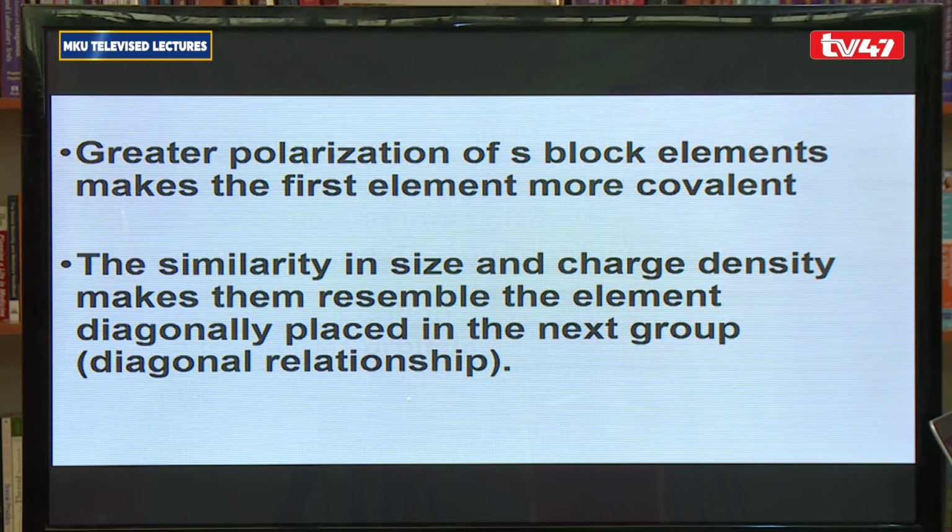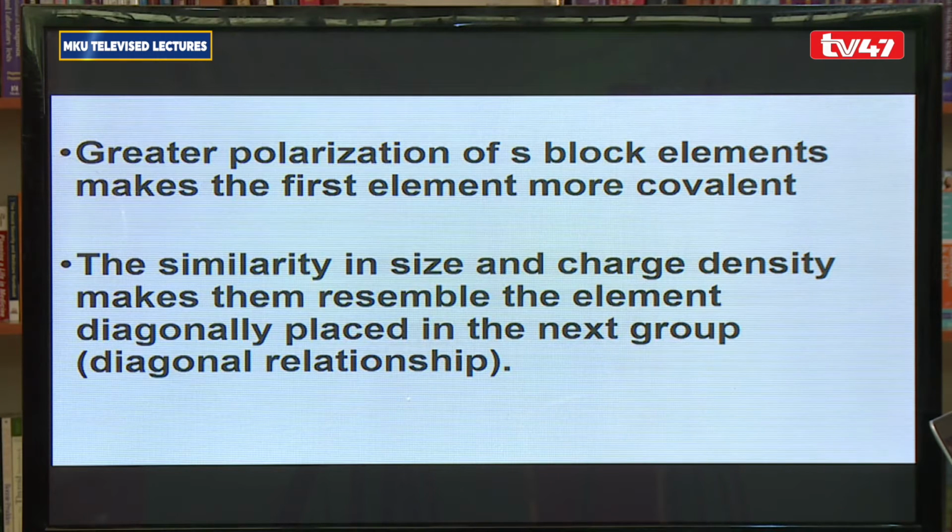So the greater polarization of s block elements makes the first element more covalent. You'll find that lithium forms covalent compounds, whereas all the other alkali metals form ionic compounds.